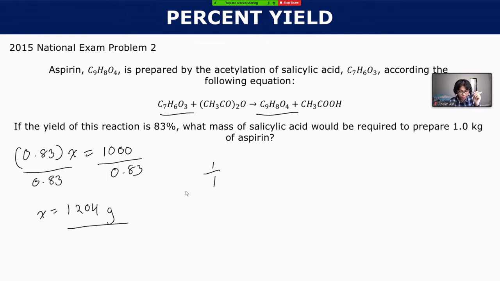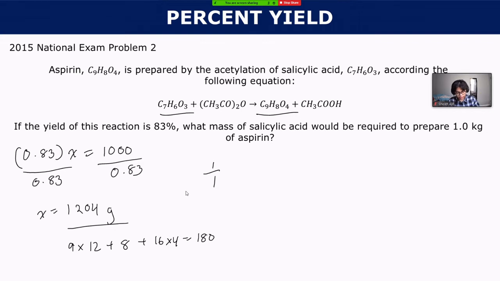Since we know the mass of the aspirin, we can easily calculate the moles. We just divide that by the molar mass, and we can find out the molar mass by just 9 times 12 plus 8 plus 16 times 4, and that's going to give you 180.